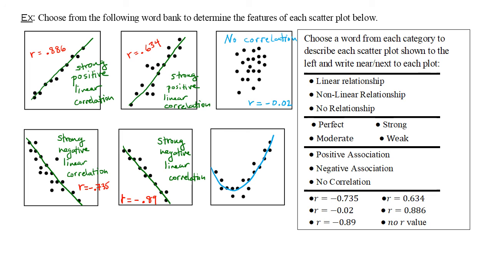And so in this case, I would say that this is a nonlinear relationship. So perhaps some nonlinear correlation, and in this case, because we're not trying to fit a line to the data, we're not going to compute an R value. So I'm going to say that there's no R value here.